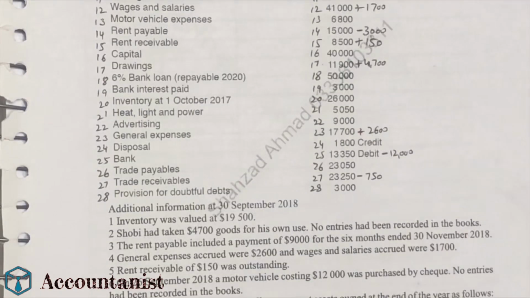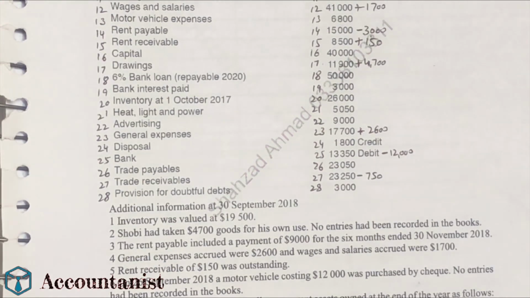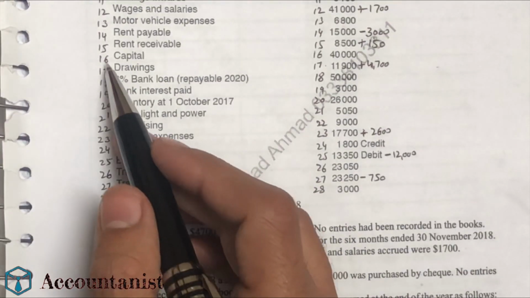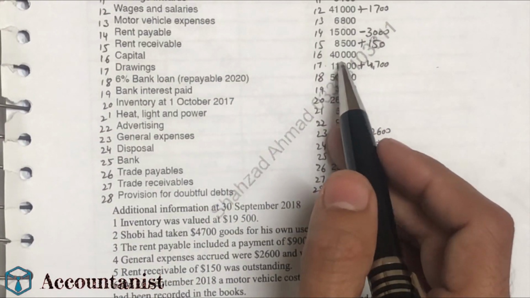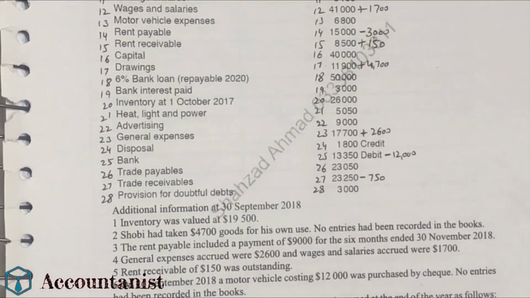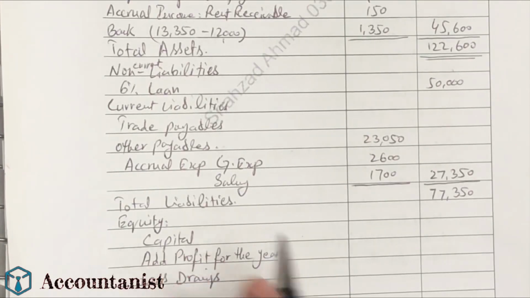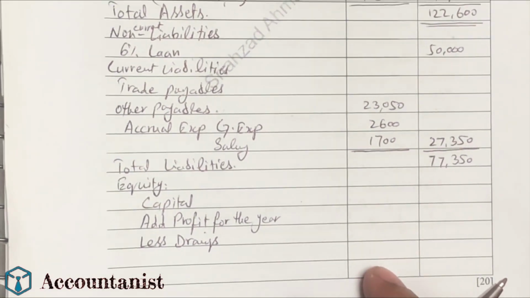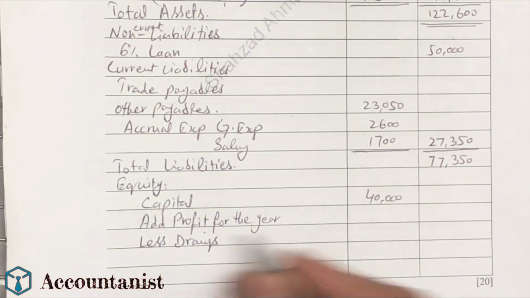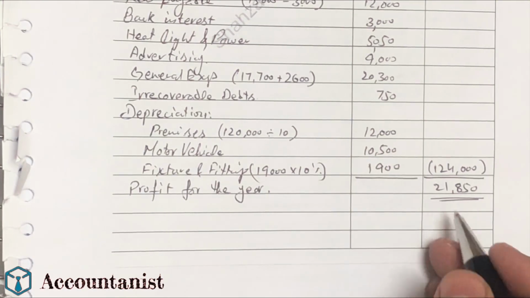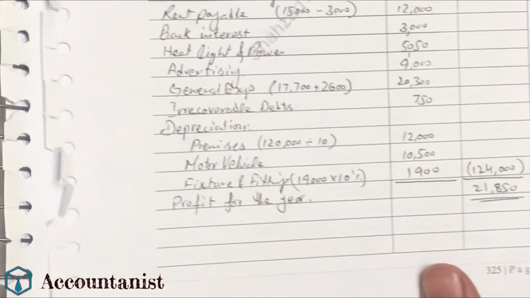So the capital we have in the question, let me show you, it's on adjustment number 16. So it says $40,000. So I'll write it down here, 40,000, and we'll add the profit for the year as we already calculated, 21,850.